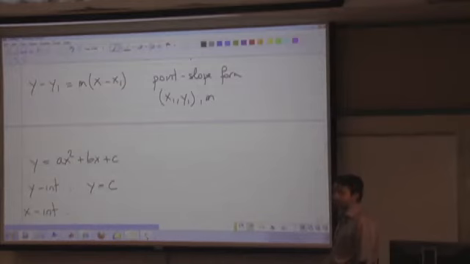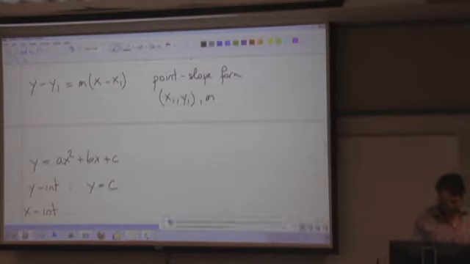The quadratic formula, right? How do you determine y-intercepts? Do you remember that? Maybe I should start off with that. You plug 0 in for x, so you set x equal to 0, which gives you y equals c.